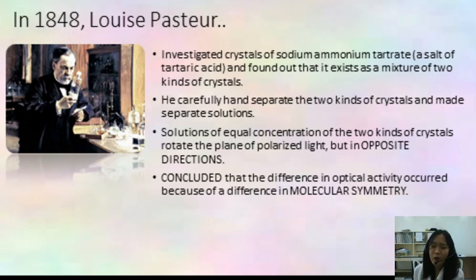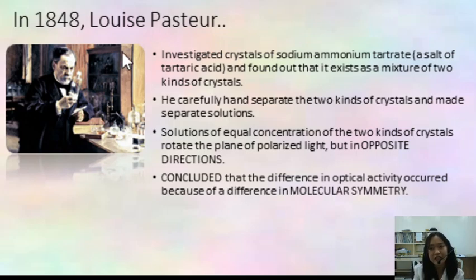So, meaning, one crystal rotated the plane polarized light clockwise. So, it is positive, dextrorotatory, while the second crystal is levorotatory. It rotated the plane polarized light to the left. So, negative.